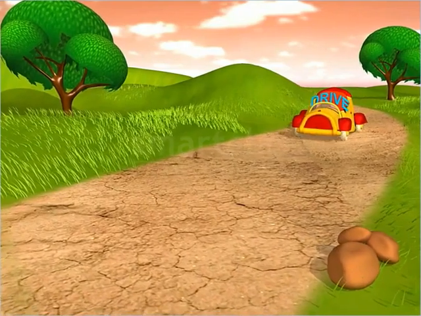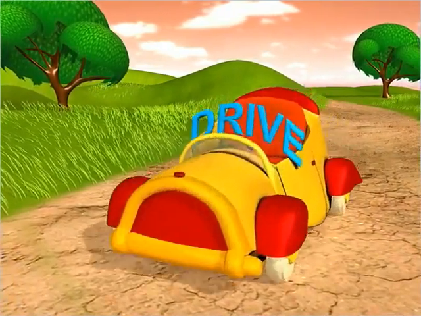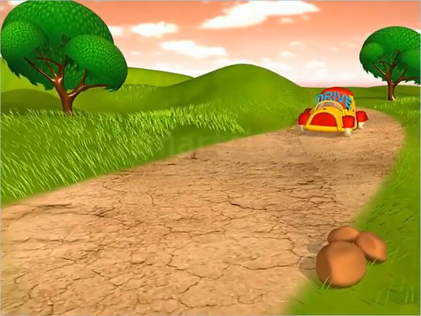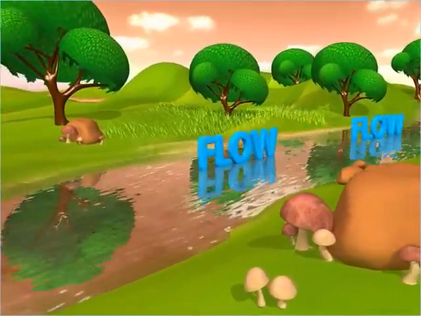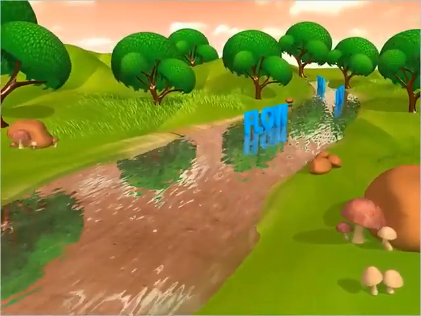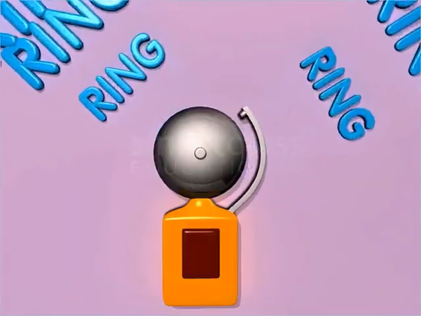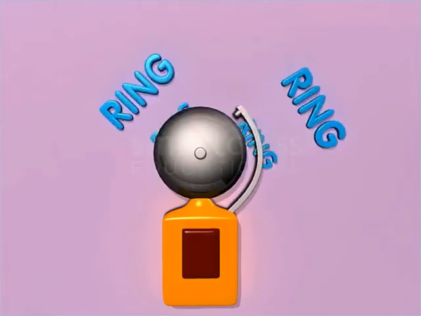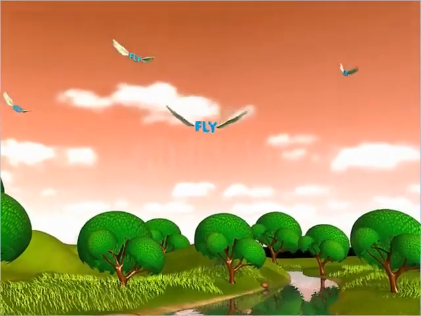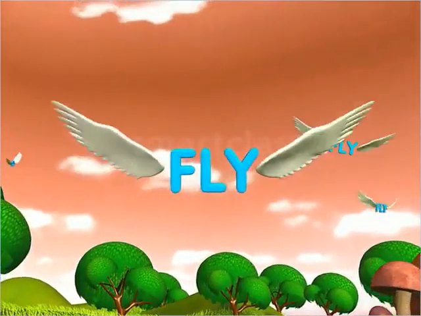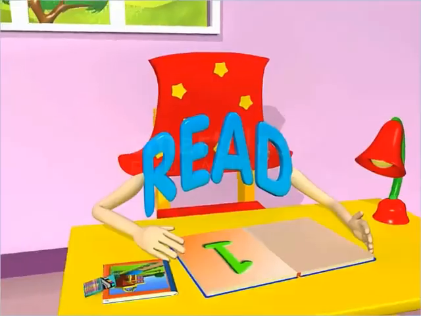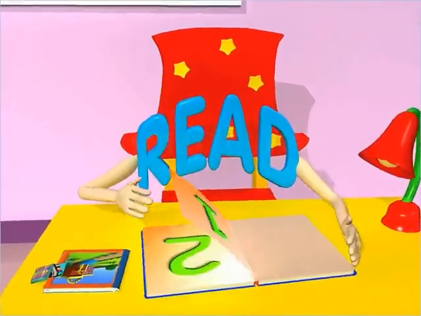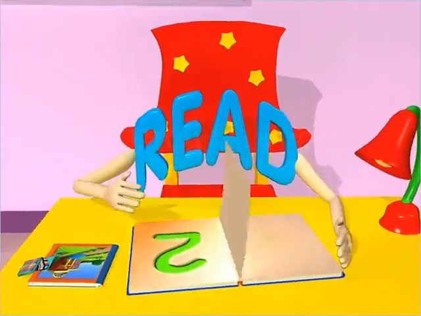Drive, flow, ring, fly, and read are all examples of verbs.